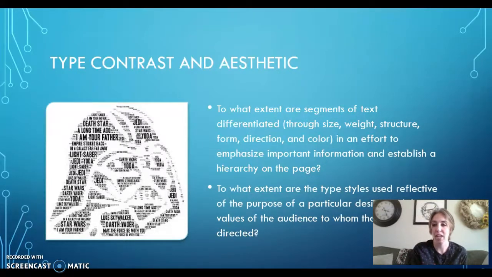What kind of text is cluing us into important messages that Peter Menzel wants to communicate? We're also looking for to what extent the type styles are used for a particular design, and how the values of the audience dictate who it's directed to. So pay attention to type, contrast, and aesthetic.